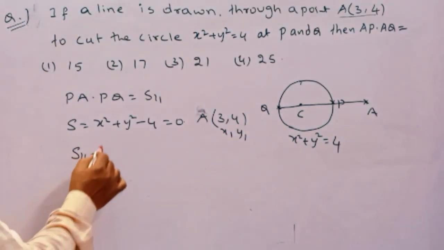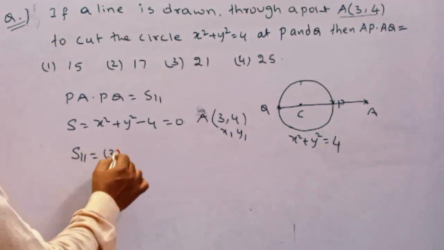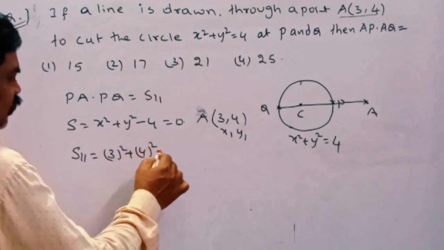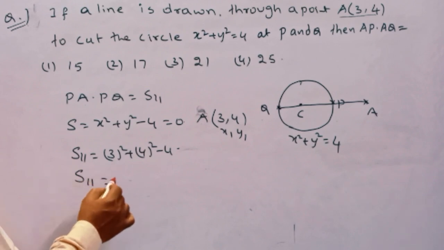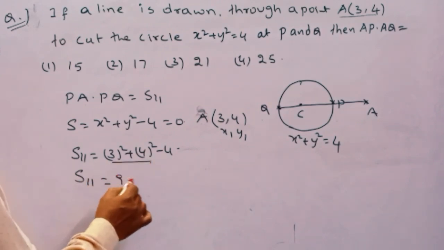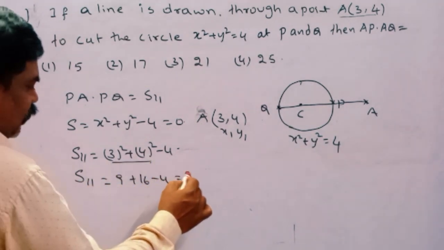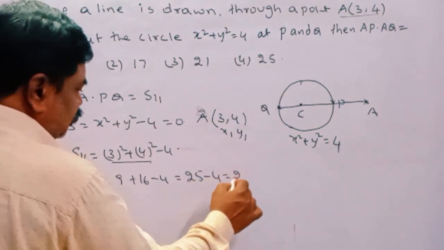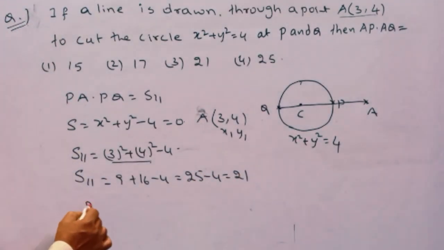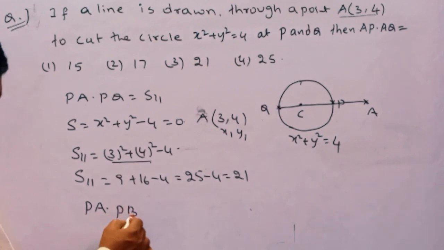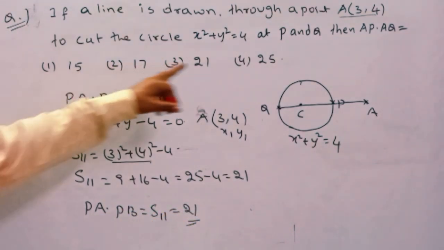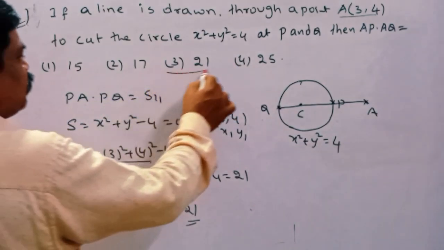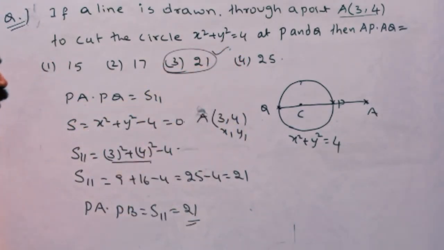So S11 is equal to 3 square plus 4 square minus 4, that is 9 plus 16 minus 4, 25 minus 4 is equal to 21. Therefore PA into PB is equal to S11, which is equal to 21. By observing these four options, option 3 is the correct answer. Okay, all of you, that's all.